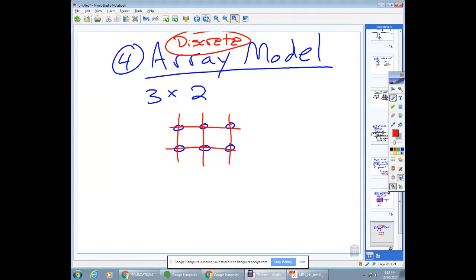Whereas these are arrays, these are like individuals in a seating chart. Okay, so discrete just means countable. I can't really count the paint on the wall, that's kind of weird. I can measure the volume of paint and it has a certain thickness, but it's just a different idea. So discrete just means counting.